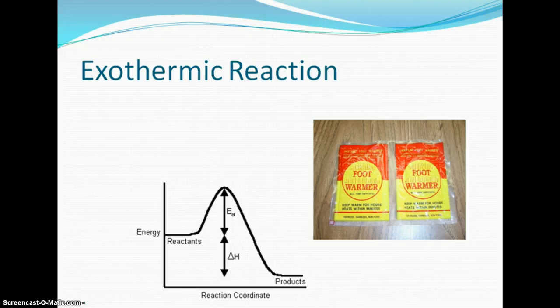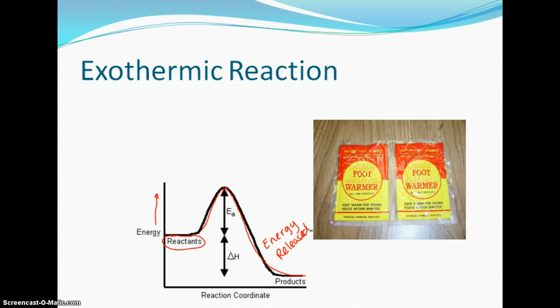This would be what it would look like if we are to show a graph. So we have our energy here is increasing, we have our reaction that's happening, so we have what we start with, reactants are at the beginning. We have our increasing energy as the reaction is happening, and then it releases all of this energy to the environment.